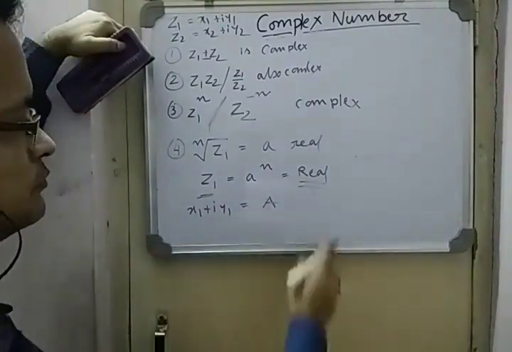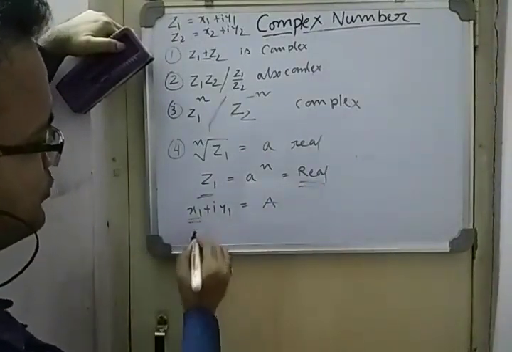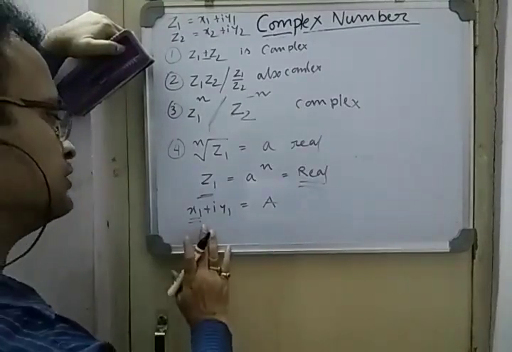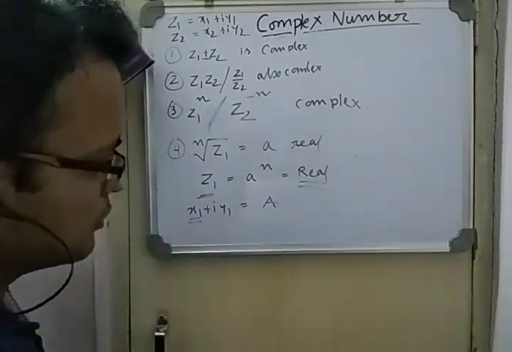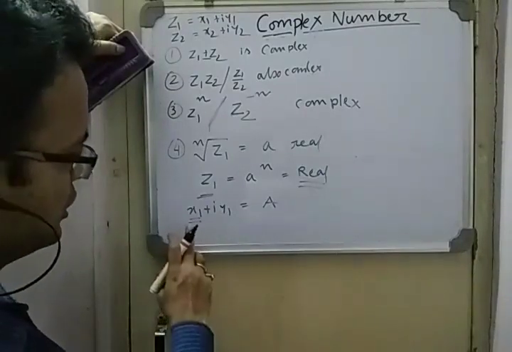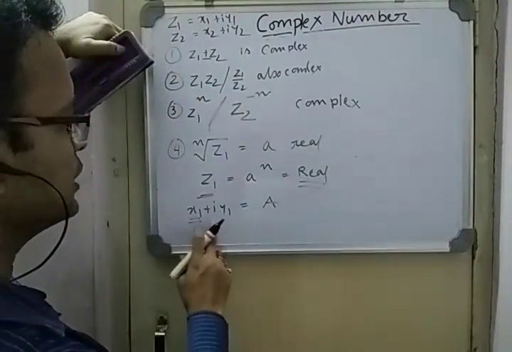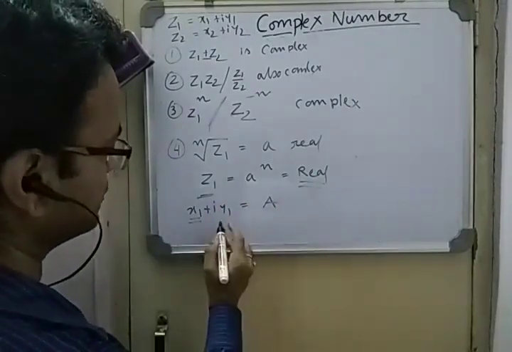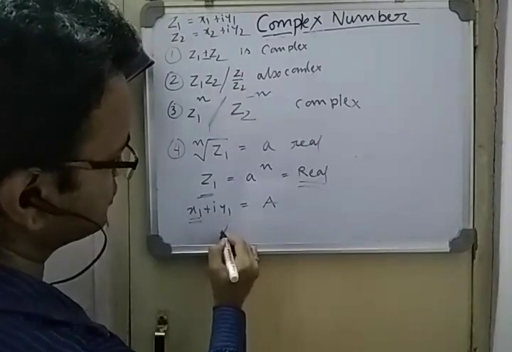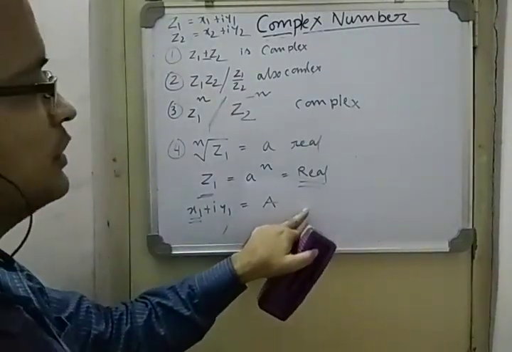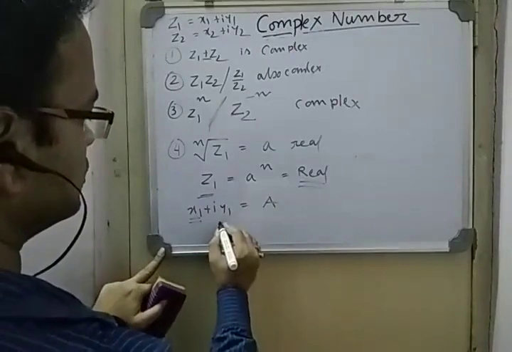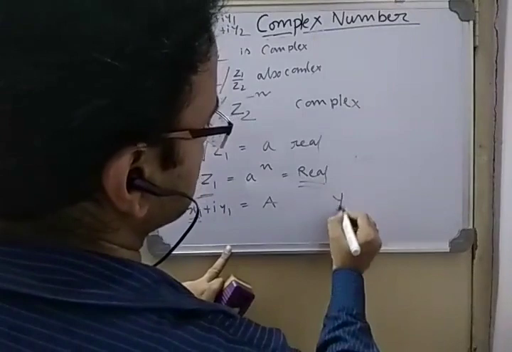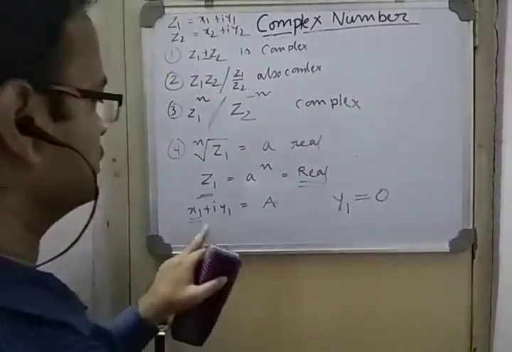Comparing the real and imaginary parts, y1 becomes 0 because that side does not have any imaginary part, and x1 is a.